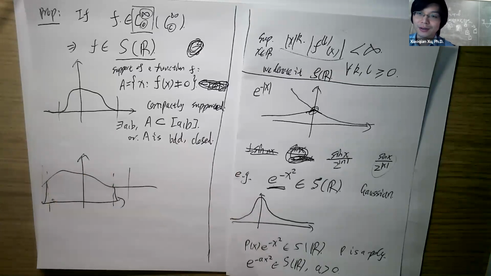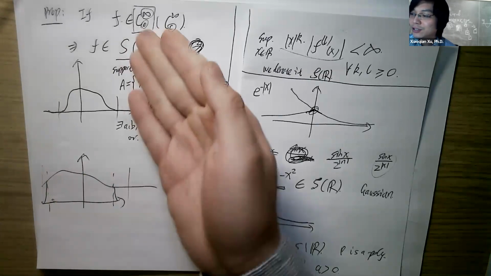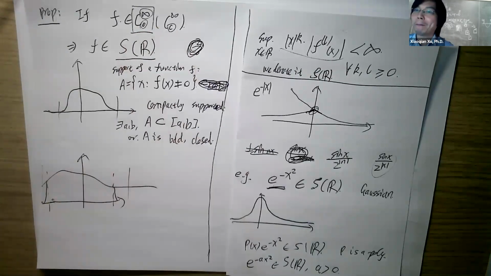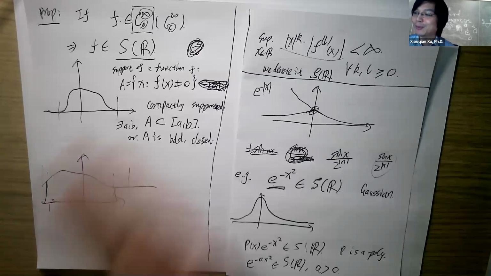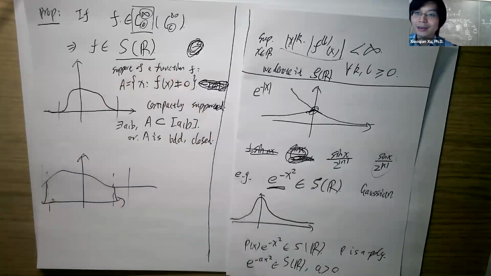So this kind of function space, although you cannot really write down any function in this space, is in some sense dense among almost every function space.